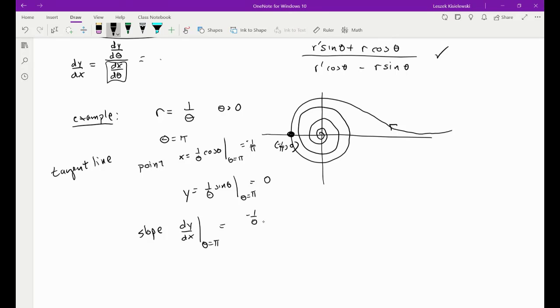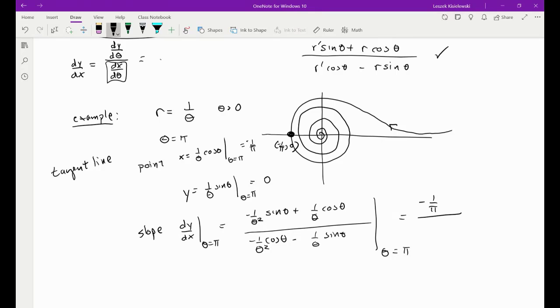So r prime sine plus r cosine, divided by r prime cosine minus r sine, evaluated at theta equals pi. So we get, now sine of pi is 0, so that's going to simplify some stuff. So the slope is negative pi. Okay. And so there we go.